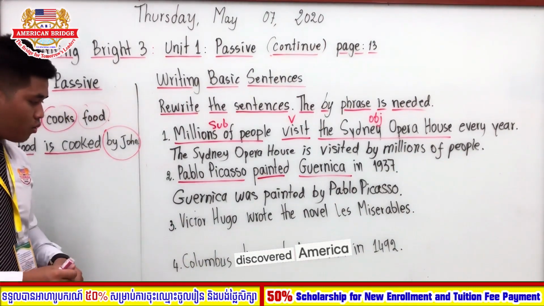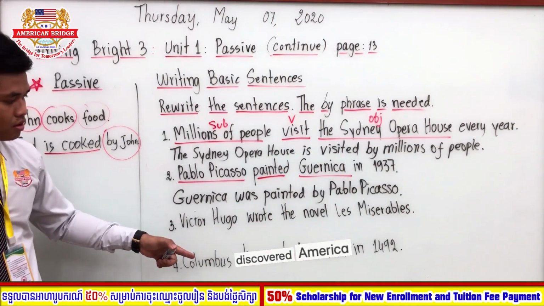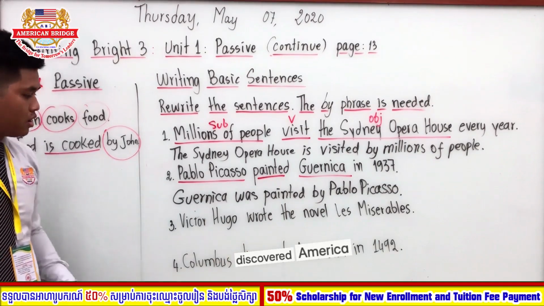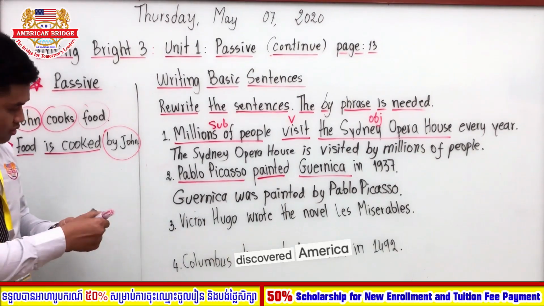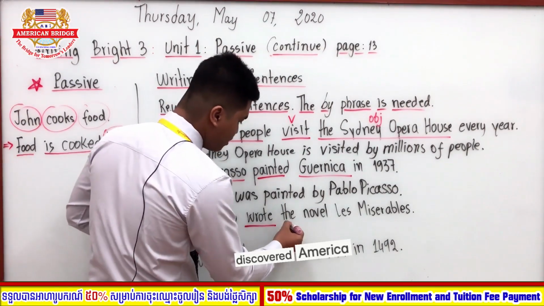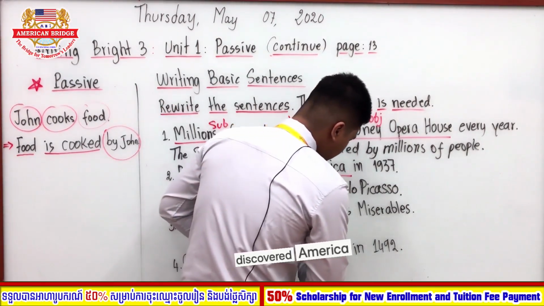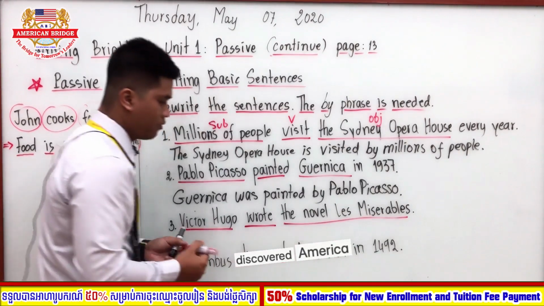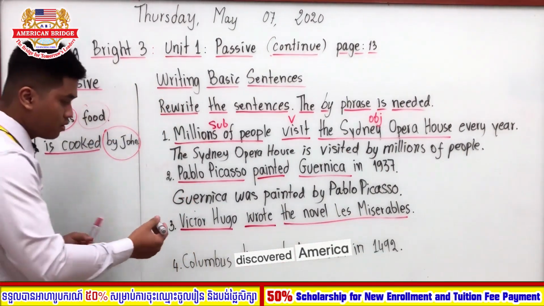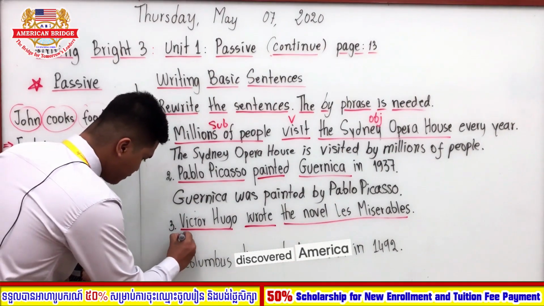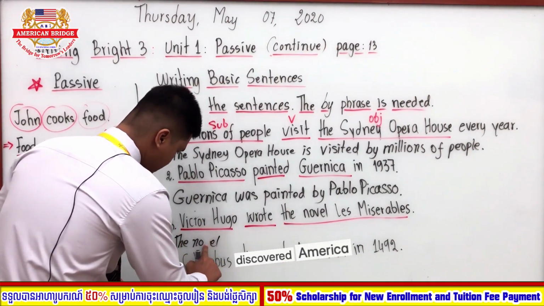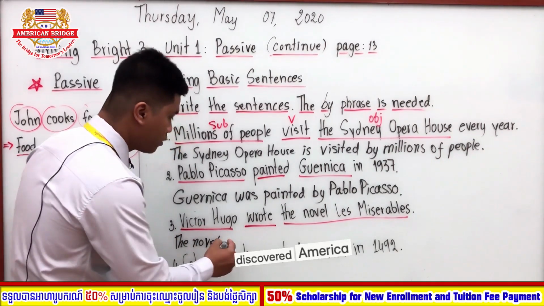Number 3: Victor Hugo wrote the novel Les Miserables, right? So let's start with the subject here, our main verb here, and this is the object. So we change the object to the subject here. We start with the novel.